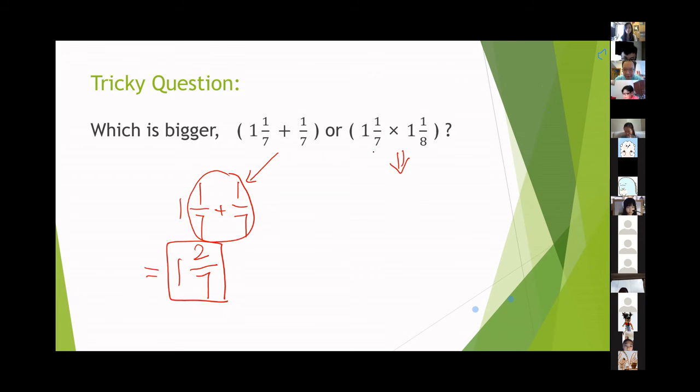So 1 and 1 over 7 changed to an improper fraction will be 8 over 7. And then 1 and 1 over 8 changed to an improper fraction is 9 over 8. Yes. And then you can see this is an 8 here, this is an 8 here, right? So what are we going to do?